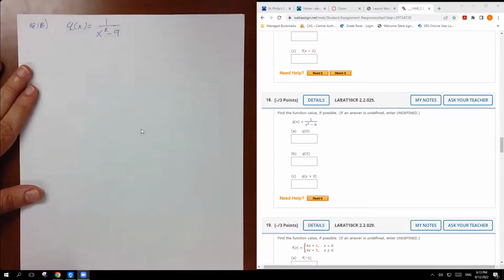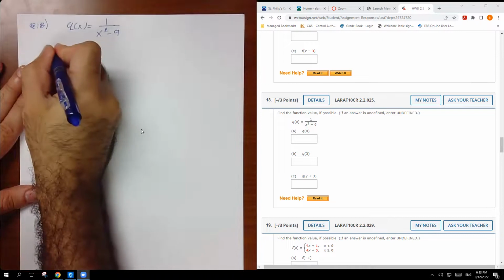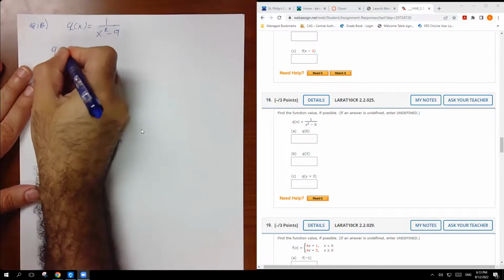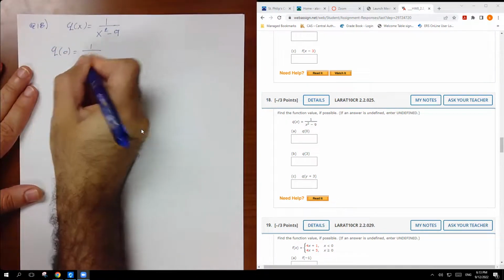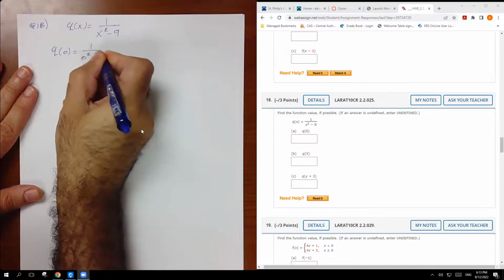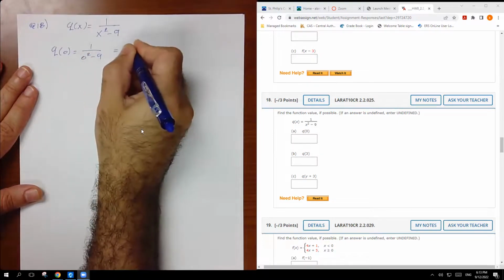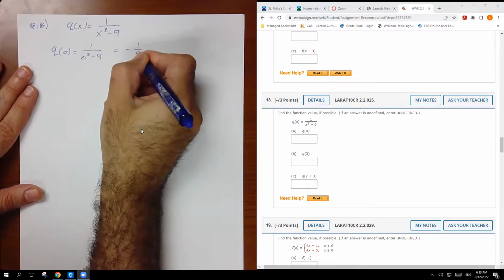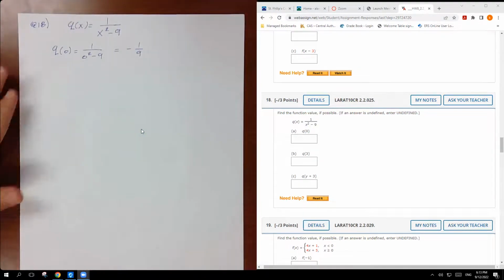We need to find q of 0. So q of 0 is going to be 1 over 0 squared minus 9. And the result is going to be negative 1 over 9.